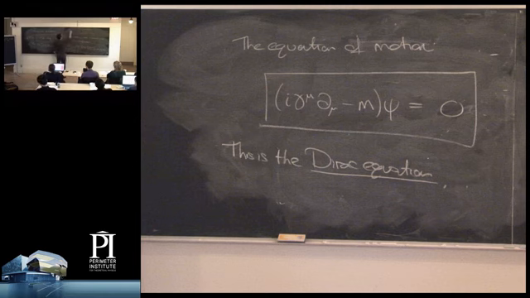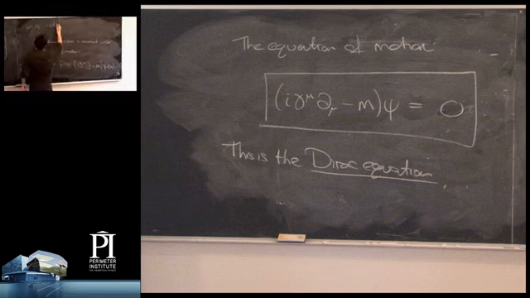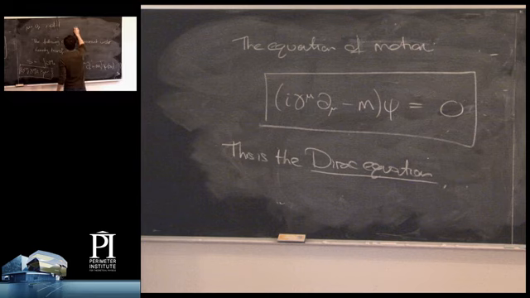If mu goes from 0 to d minus 1, so d is 4 for our world, the dimension of the gamma matrices is 2 to the integer part of d over 2.